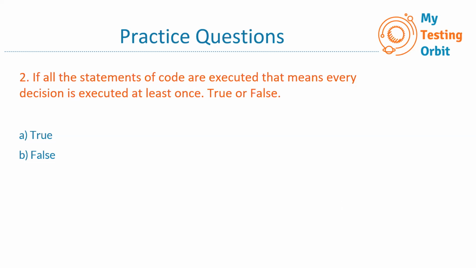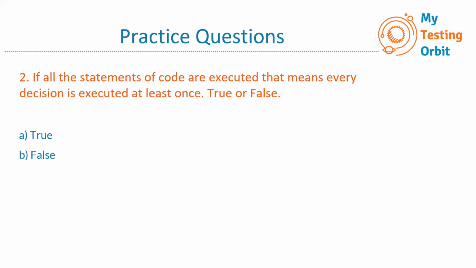So over here, it's saying that if all the statements of code are executed, statements means only the executable statements. And remember, we spoke about that in statement testing, we only cover the true conditions, not the false ones. So that will cover only half of the decisions, not the remaining ones.